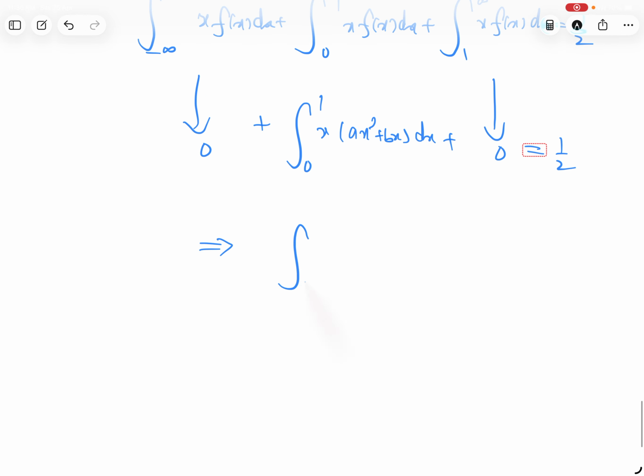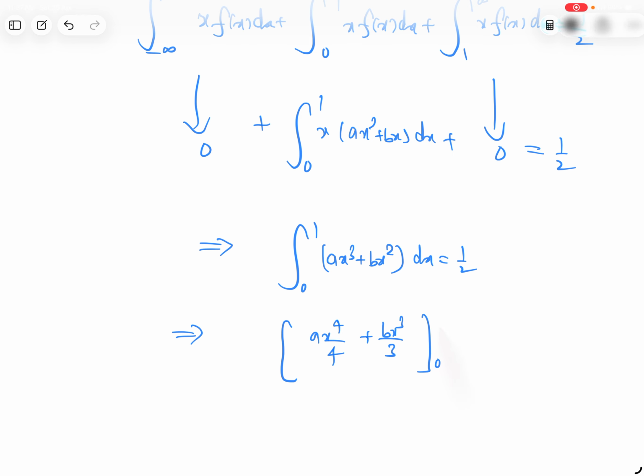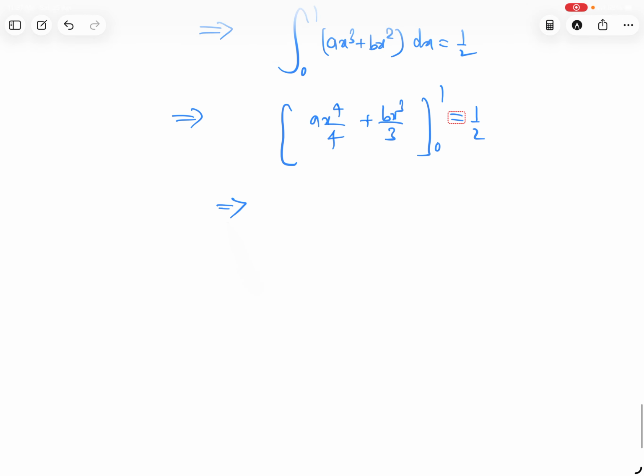This implies the integral of ax³ + bx² dx from 0 to 1 is 1/2. So we get ax⁴/4 + bx³/3 from 0 to 1, which is a/4 + b/3 equal to 1/2.